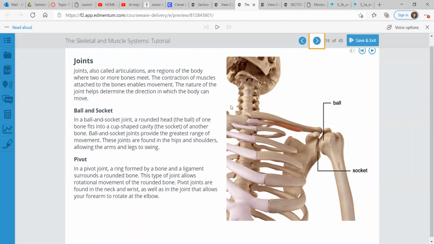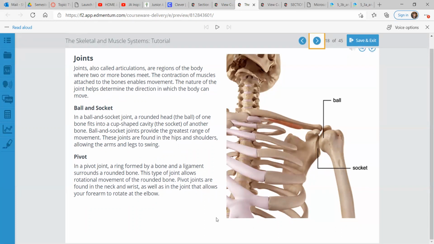These joints are found in the hips and shoulders, allowing the arms and legs to swing. So here's an example of that. We have this ball, this round bone, going into a socket, which creates an opening for the bone to attach.